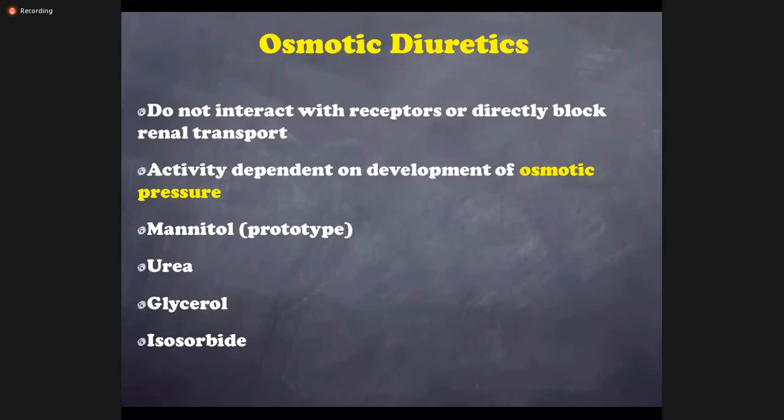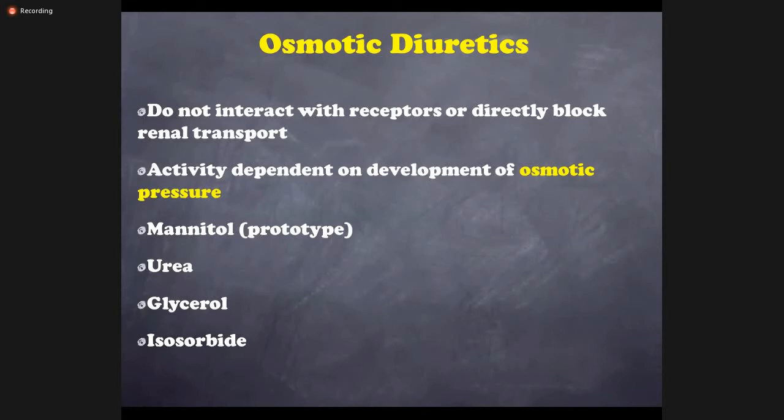Before discussing this group, I just want to share an important clinical point related to it. This group is supposed to be very important. In which condition do we clinically use this diuretic? Especially in case of cerebral edema.